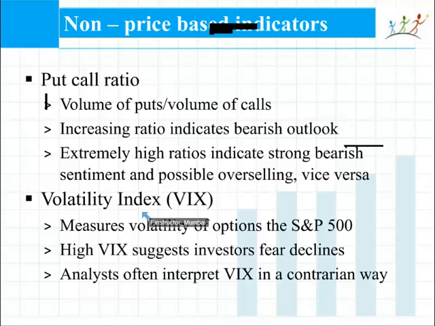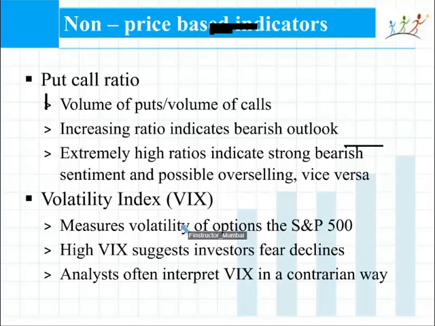Another indicator is called the volatility index. The Black-Scholes model is not in the level 1 curriculum. When we study level 2, we will study an option valuation model called the Black-Scholes model. The Black-Scholes model can be used to measure the implied volatility of options.